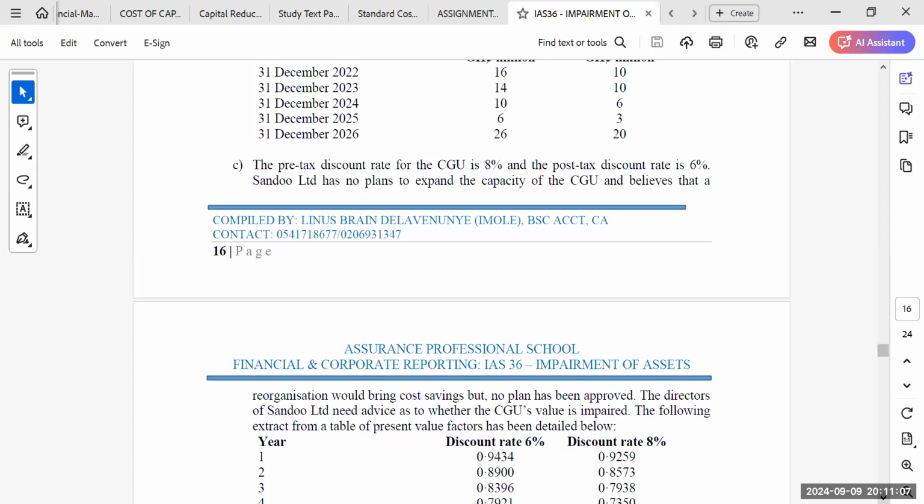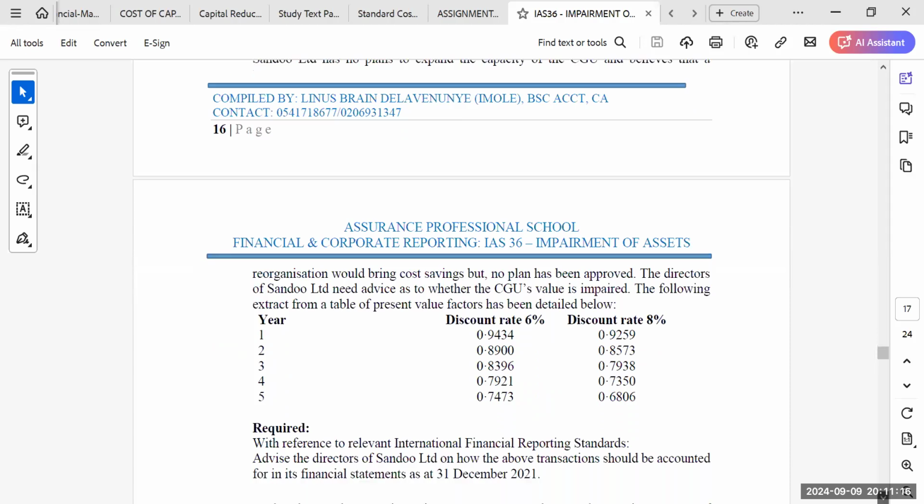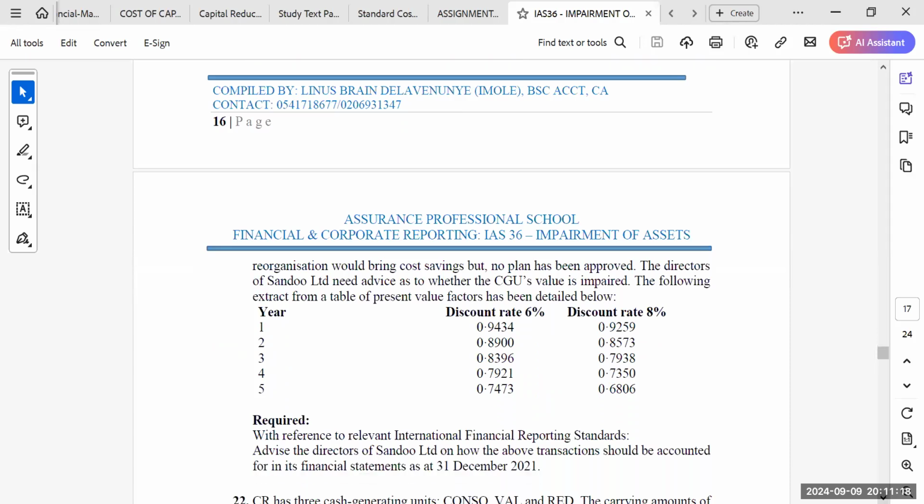The directors need advice as to whether the CGU's value is impaired. The following extract from a table of present value factors has been detailed below. Required, with reference to relevant international financial reporting standards, advise the directors of Sandu Limited on how the above transactions should be accounted for in the financial statement as at 31st December 2021.